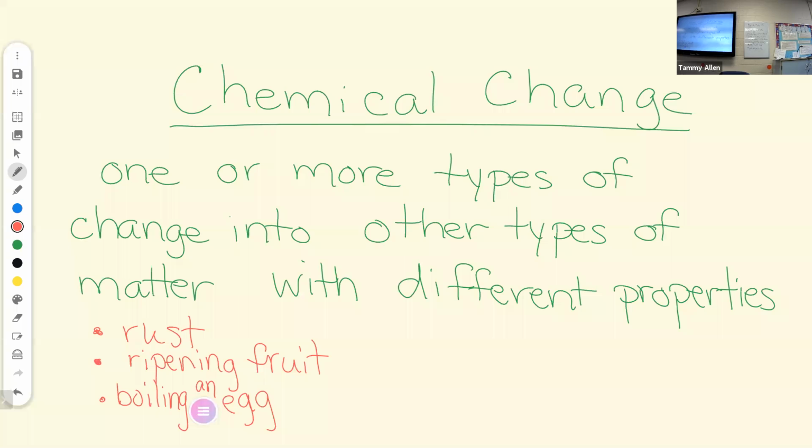Okay? Now the next thing we're going to have to do is find the mass of our 100 milliliters of water.